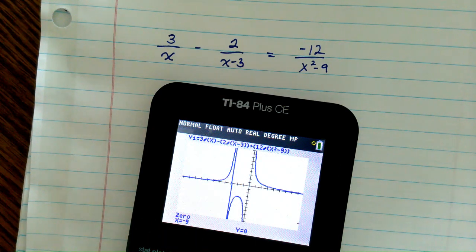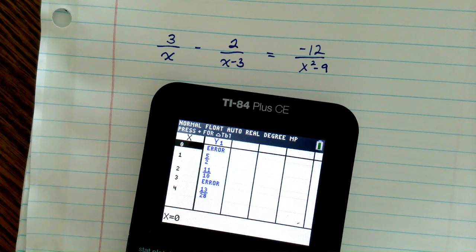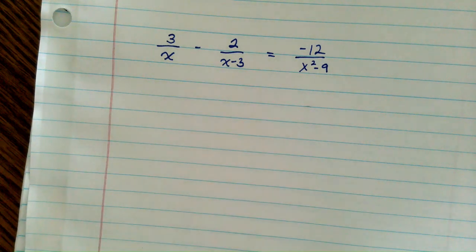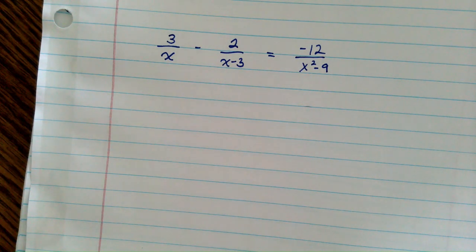Or I can come in here to the table, and these are positives, and these just keep going more positive. Do they ever go negative? I'm not seeing it. So maybe just that -9. Okay. It looked questionable, but we'll go ahead and figure it out.